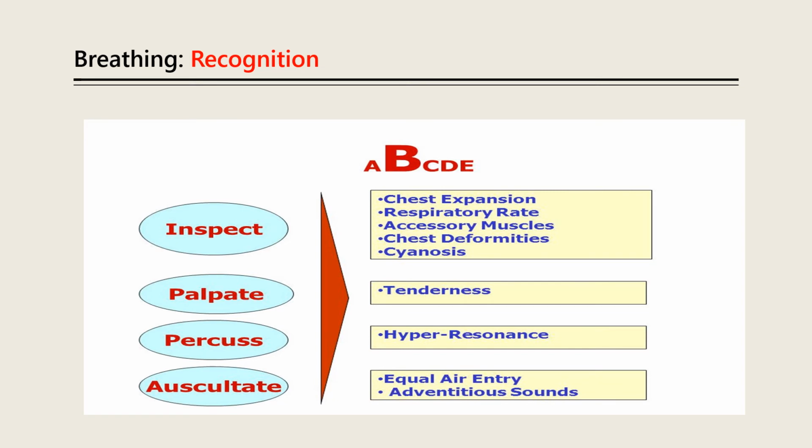And then we will palpate the chest to confirm the chest expansion and examine if there is a tender point. And what is the relation between a tender point and a toxic patient? Because this patient may have chest trauma. The toxic patient is not coming with pure toxicity.